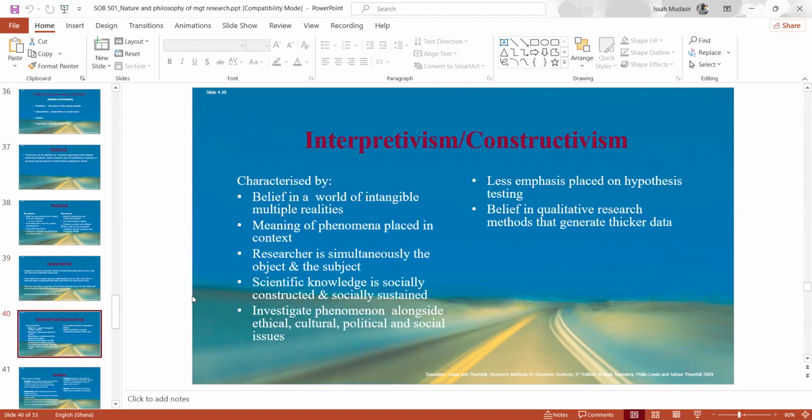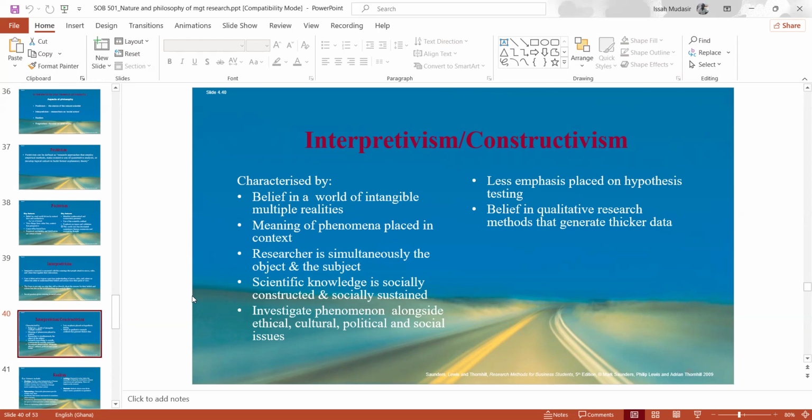Okay? So we are living, so they believe, unlike the positivists who believe in the world of single reality, the constructivists believe that we are living in a world of what? Multiple realities. The meaning of phenomena is placed in context. Okay, so you don't just go and impose what is outside the environment upon them.